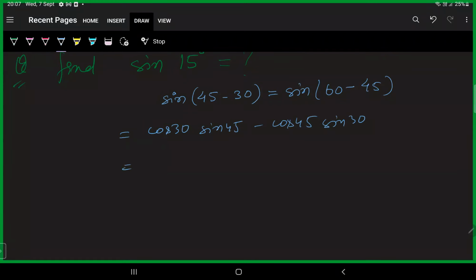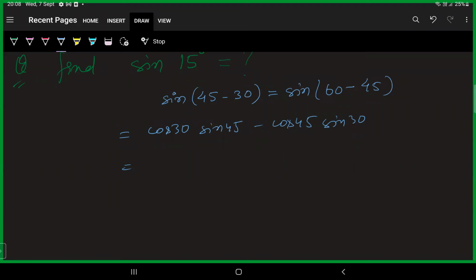Right? So cos 30 is how much? Root 3 by 2. Is he right or wrong? How much is the value of cos 30?